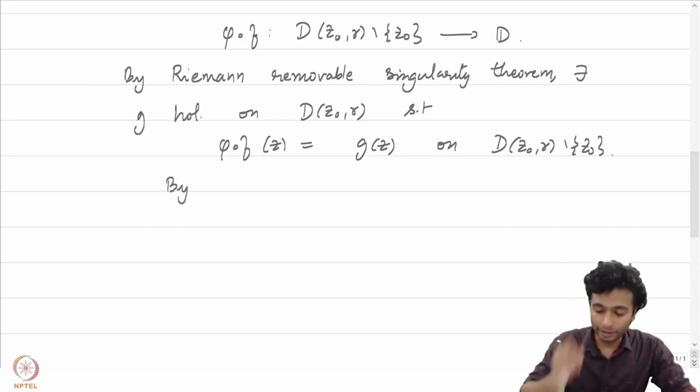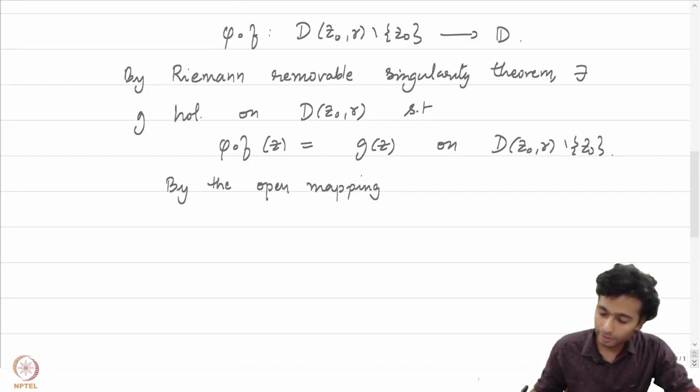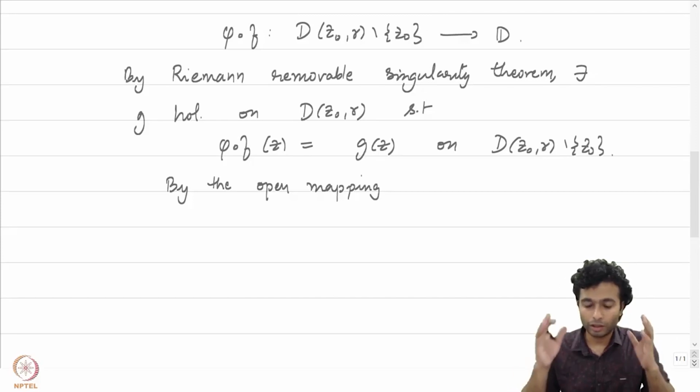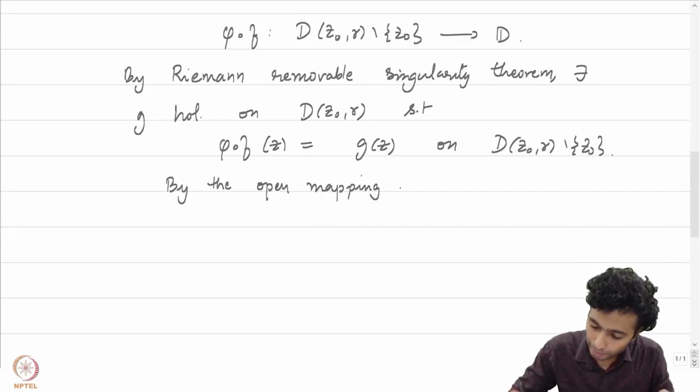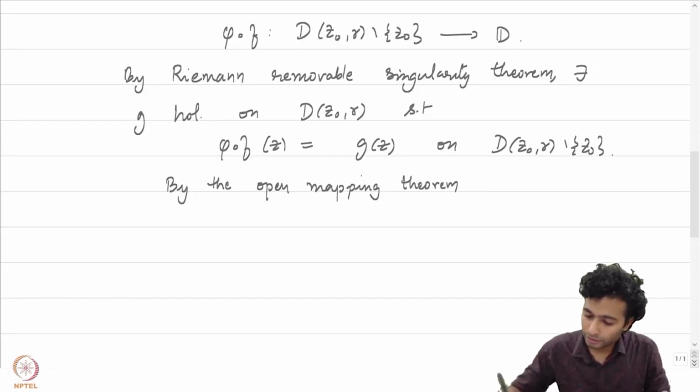By applying the open mapping theorem, notice that the open mapping theorem is necessary to ensure that g of z0 does not have unit modulus. By open mapping theorem, g of z0 is going to be in the unit disk.